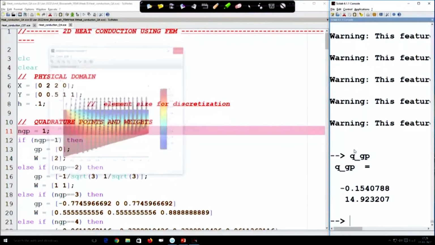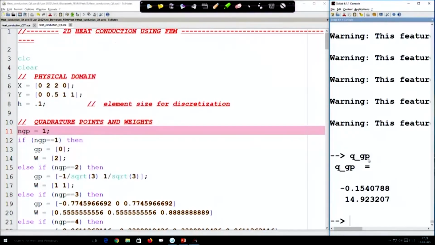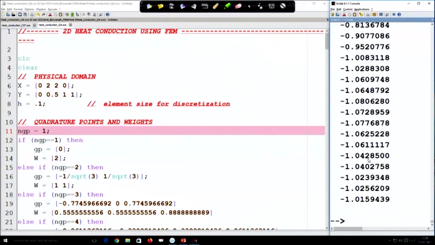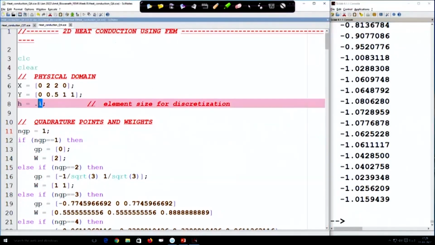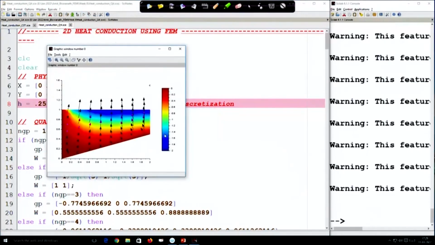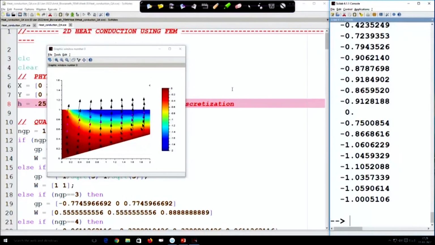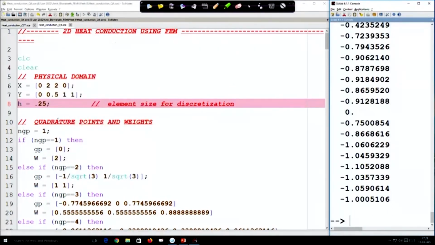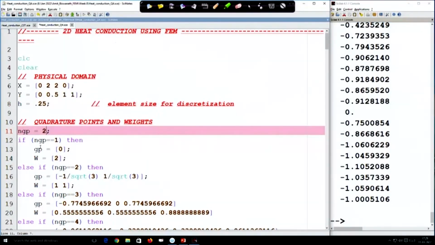Q_GP is this, okay, that's good, and then U is this. But if we have used a very large number of elements with 1 point integration, your deviation will be much. Please do that exercise, increasing or decreasing the number of integration points, and see what happens to the solution.